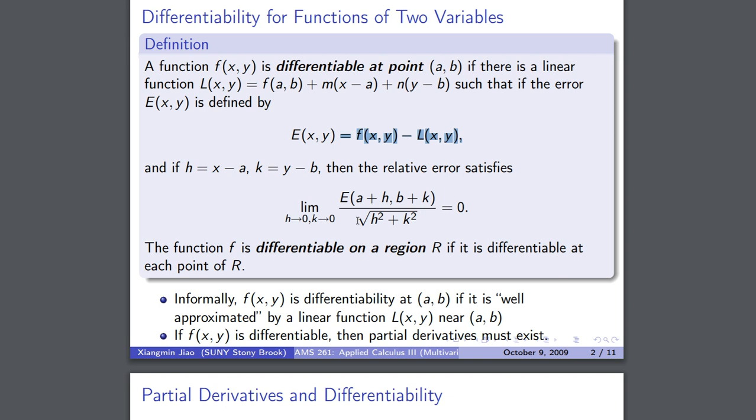And of course, informally, f of xy is differentiable at AB if it is well approximated by a linear function near that point. And if f of xy is differentiable, then the partial derivatives must exist. We will see that, or we can see that right now.